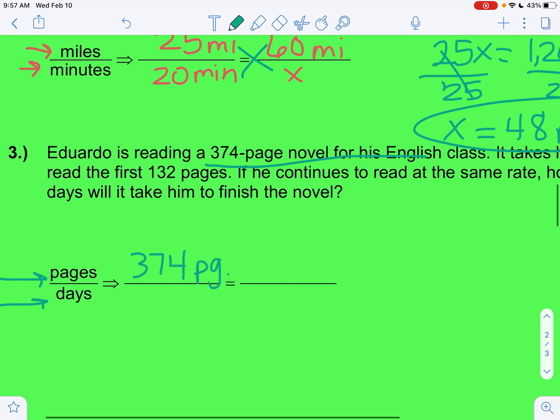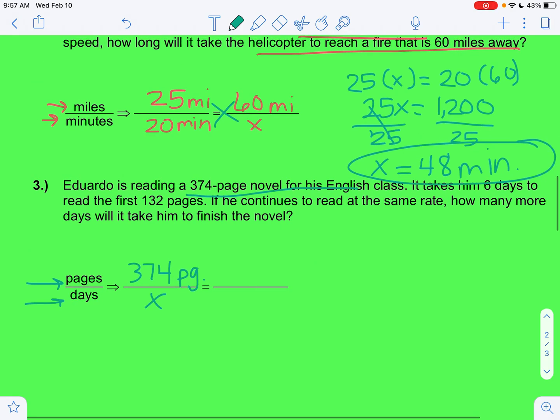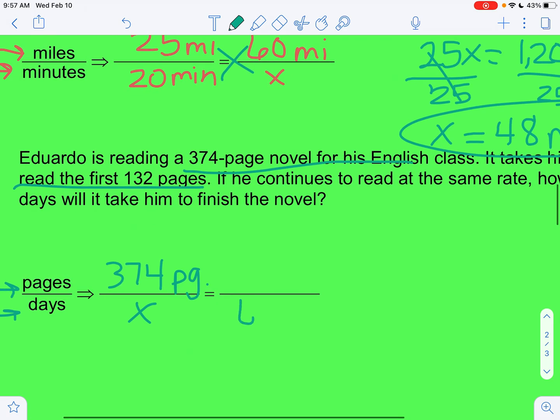Do we know how long it's going to take him to read this book? No, we don't, so that's our x. Okay, and then it tells us it takes him 6 days to read the first 132 pages. So the 6 days goes on the bottom, and 132 pages goes on the top.